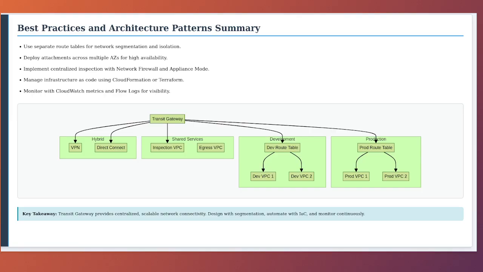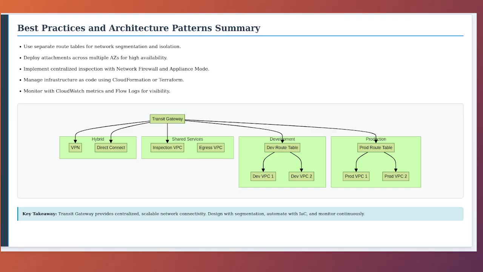Use propagation strategically to automatically populate routes while maintaining isolation where needed. Create static routes for traffic that should follow specific paths such as inspection VPCs or on-premises destinations. Always verify your route table configuration after changes using Search Transit Gateway Routes.